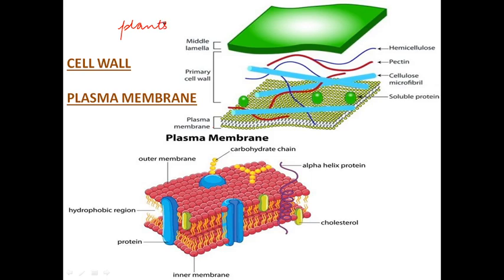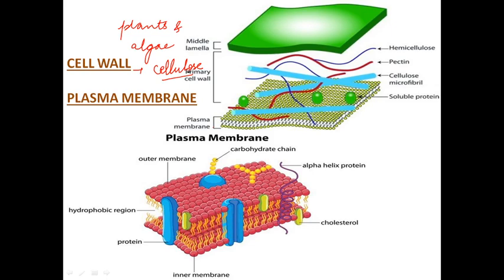Plants and algae have a cell wall made up of cellulose. The cell walls of fungi are usually made up of chitin. There are two cell walls.